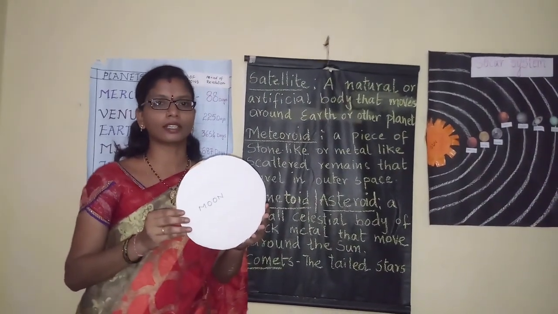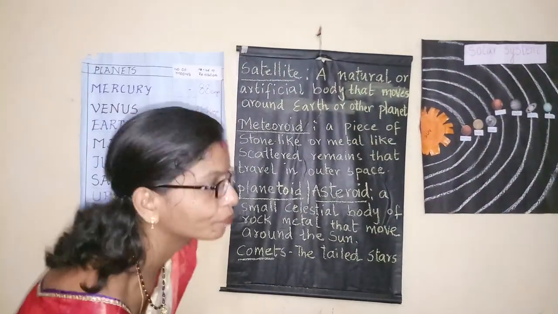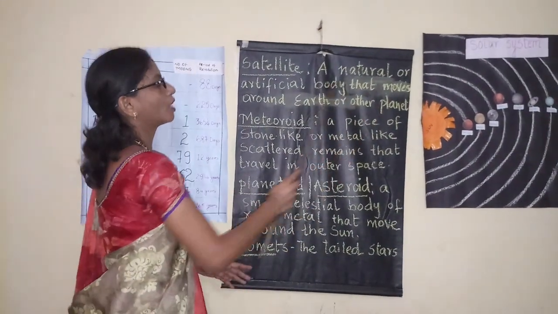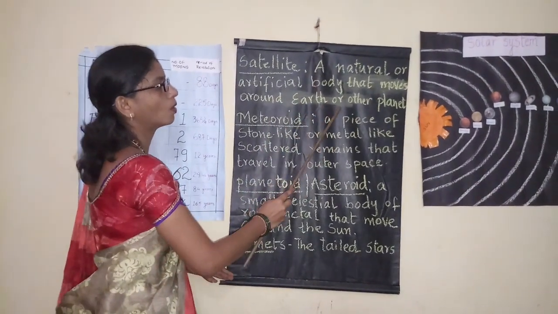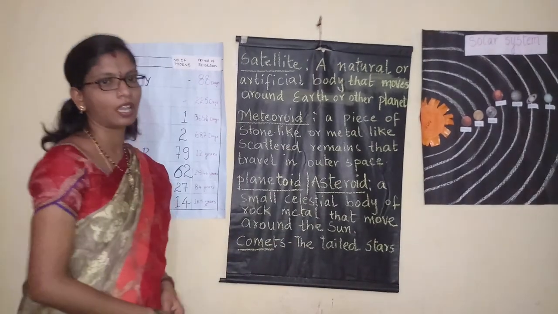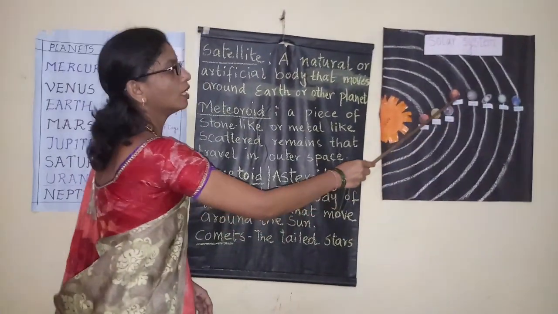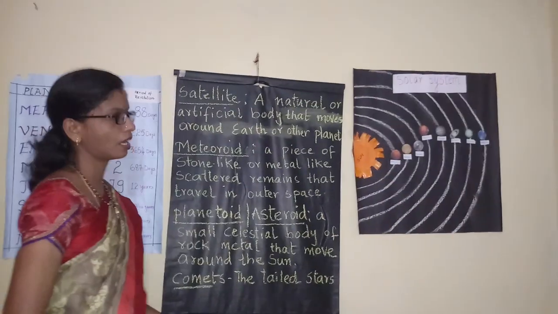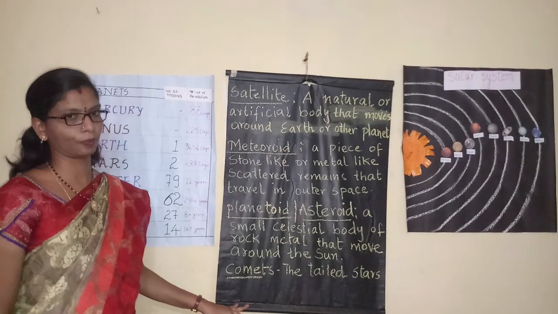And what does this satellite do? The satellite is a natural or artificial body that moves around Earth or the other planets. These satellites can be artificial also.